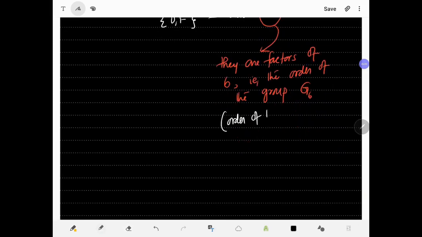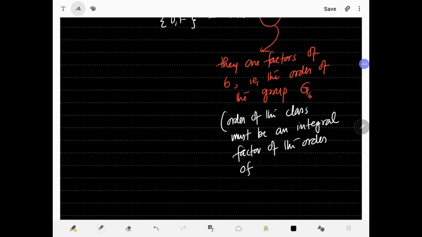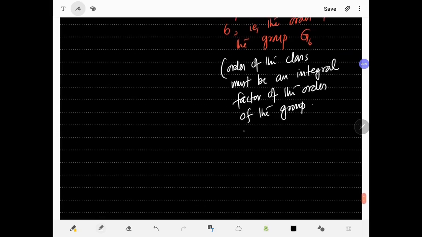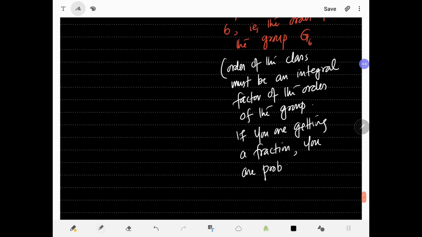So what it says is that the order of the class must be an integral factor of the order of the group. Now if you are getting a fraction instead of a whole number as the order of the class, that means you have made a mistake somewhere. You have to go back and correct it.